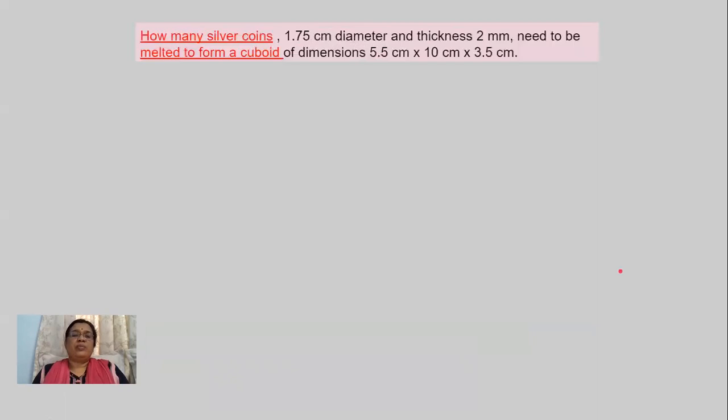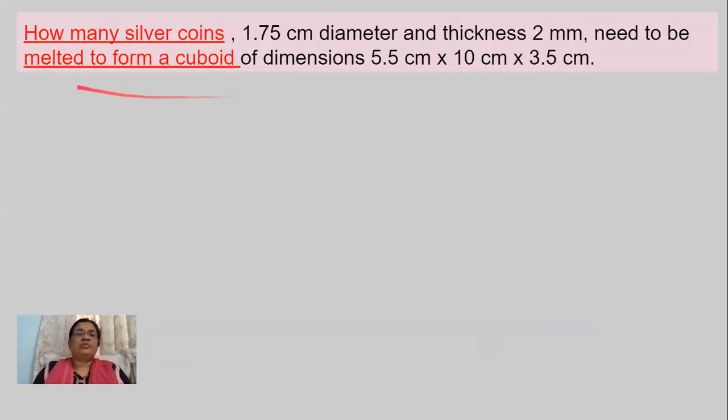This is one problem. And one more problem. How many silver coins? You'll observe the silver coins are the currency coins you daily observe for purchasing and all. That silver coin diameter is given and the thickness of the coin is given, and these coins are melted to form a cuboid.